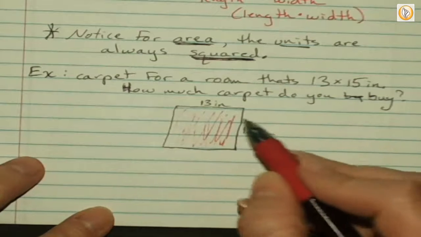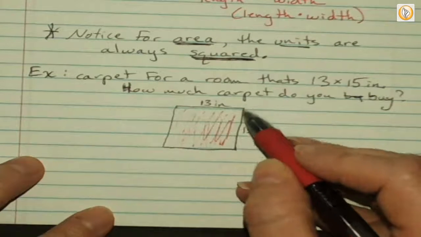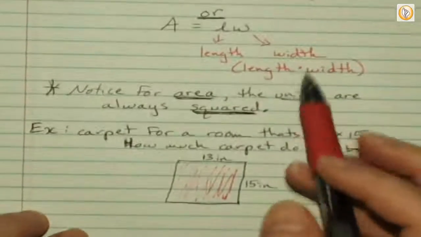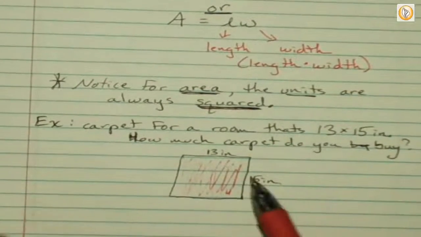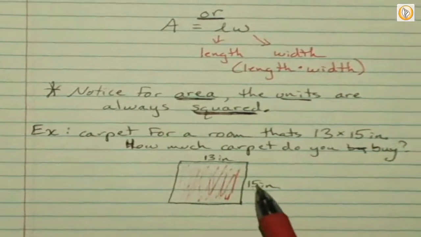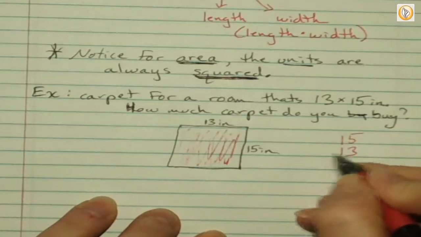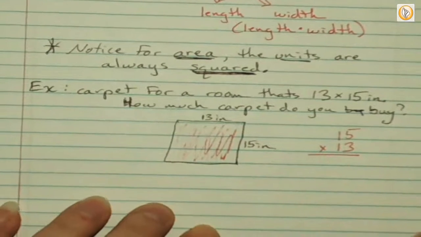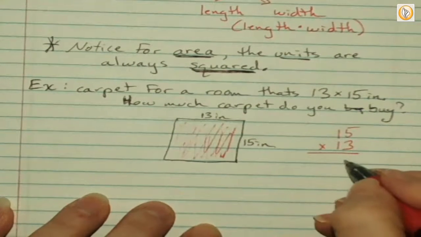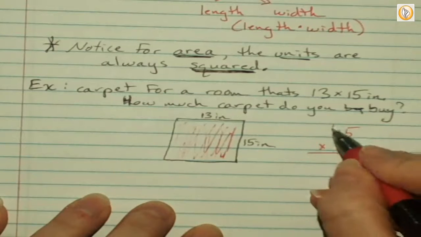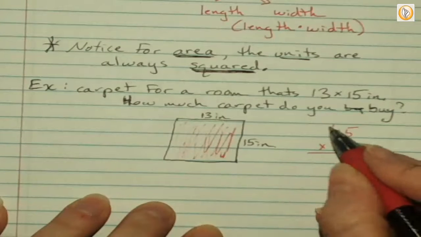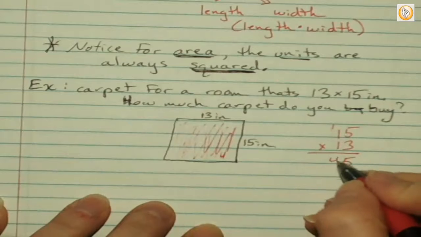That's right. You're going to multiply. One wall is 13. One wall is 15. Up here, length times width. So you have your length times width. So you multiply. 5 times 3 is 15. 3 times 1 plus 1.